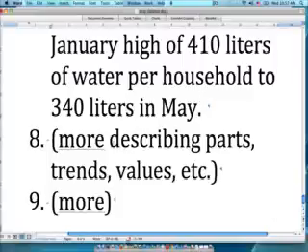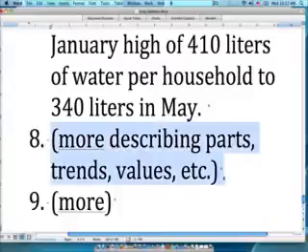More describing parts, trends, values. So we're going to use this sentence to talk about the period of depression in the middle of the year, as you can see, between about May and about around September, when water use goes down the most.